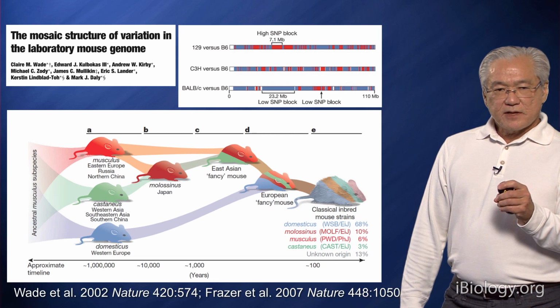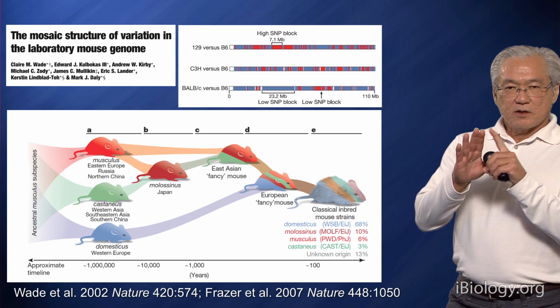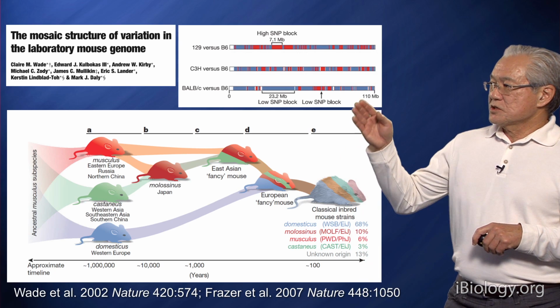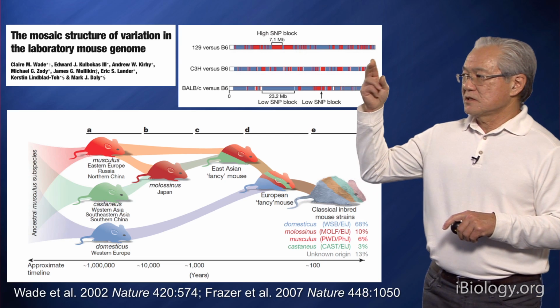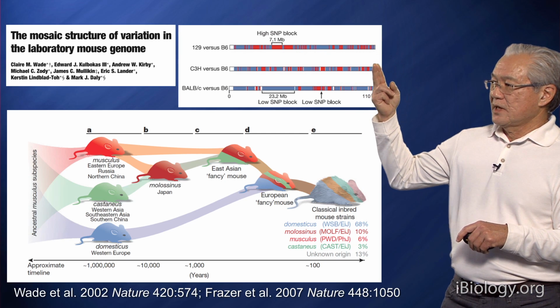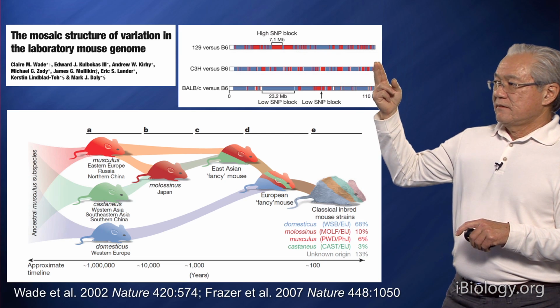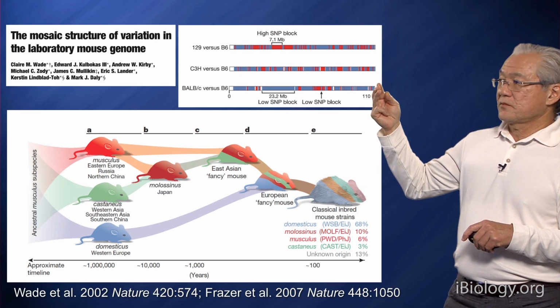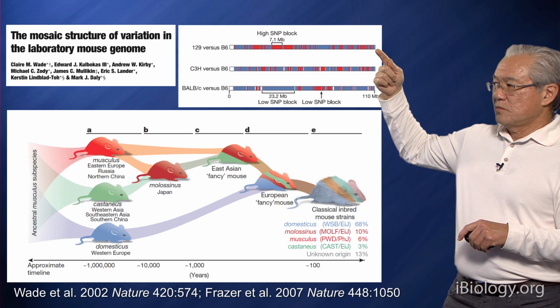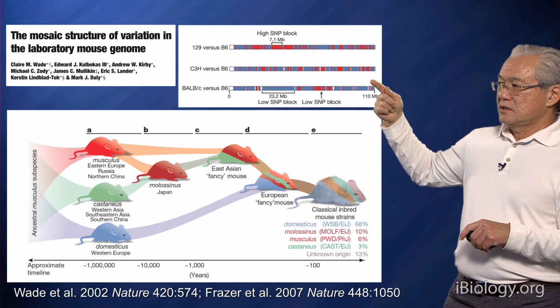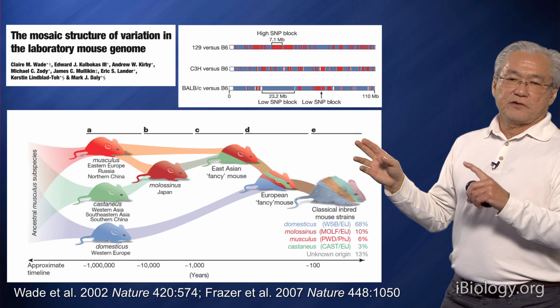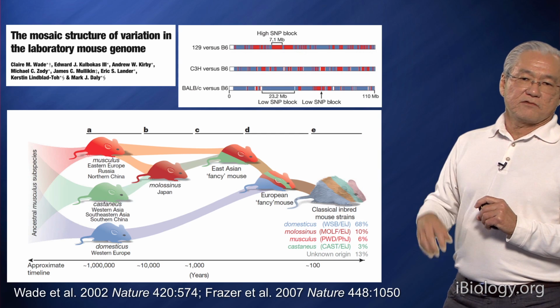It turned out in 2002 the mouse genome was sequenced. And one of the interesting discoveries in the sequencing of the mouse genome was that when we look at different inbred strains of mice, we find different blocks within the genome that are either similar or very different to C57 black 6.